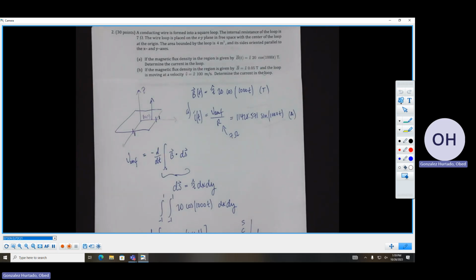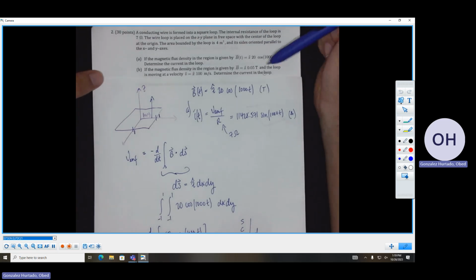Where was this? How do I describe this? So this magnetic flux is not in terms of time.